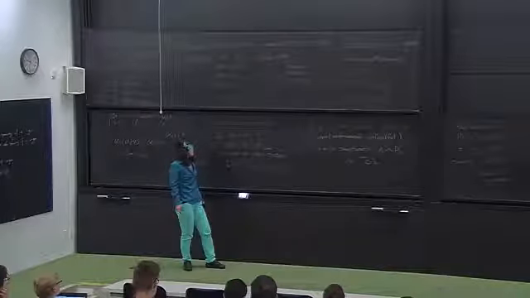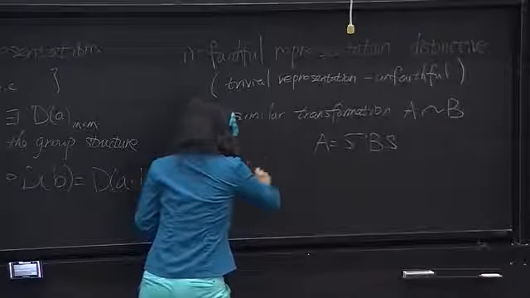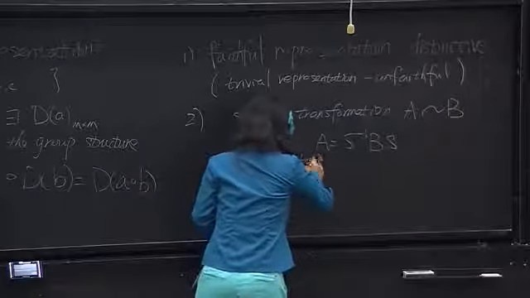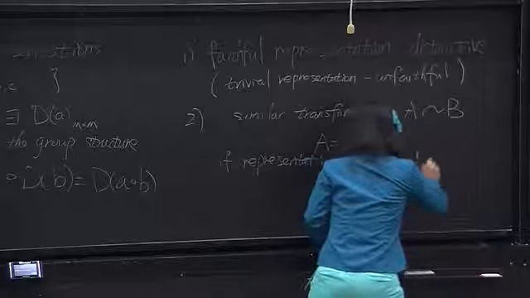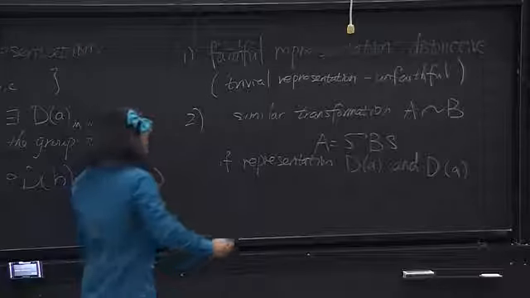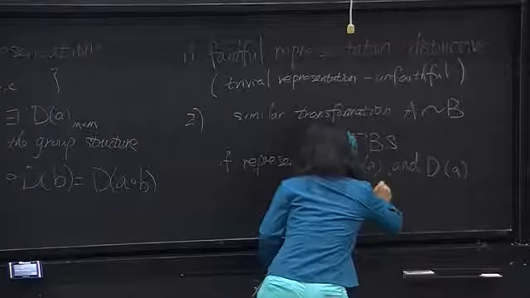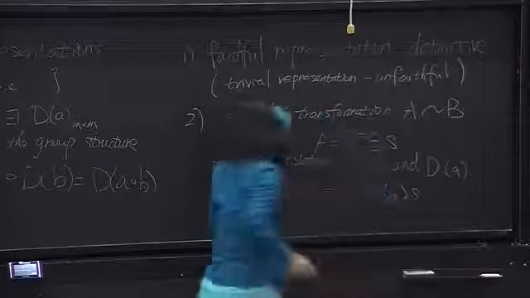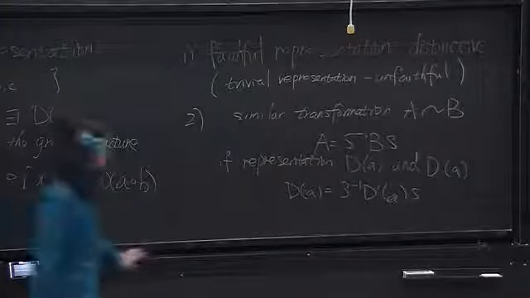So it's possible that if representations D and D prime are related by a similarity transformation as such, then we claim these two representations are similar and they are equivalent.